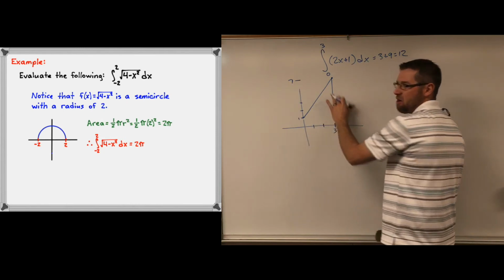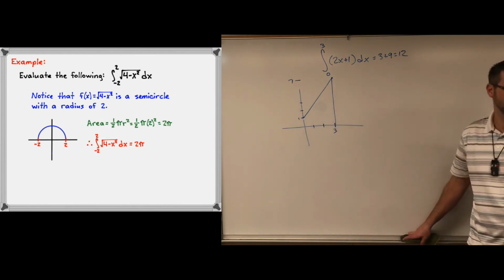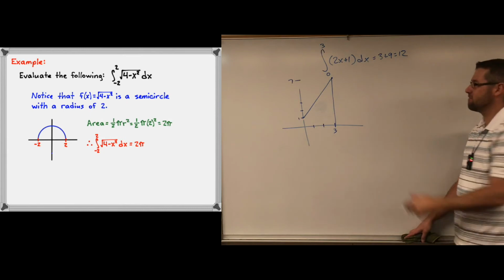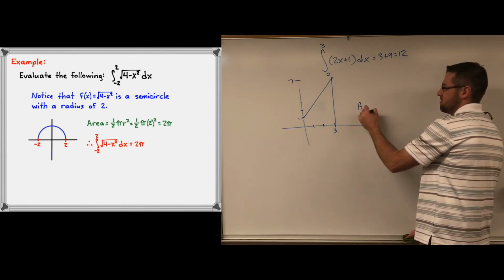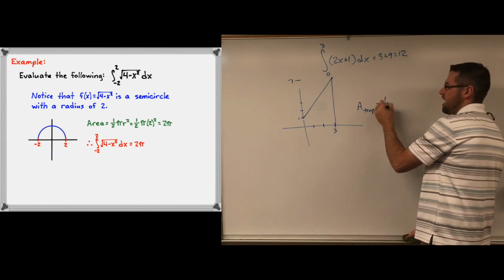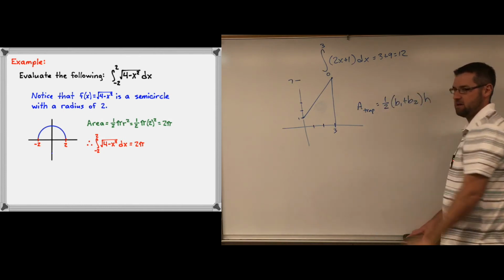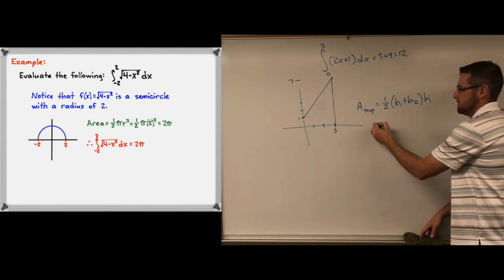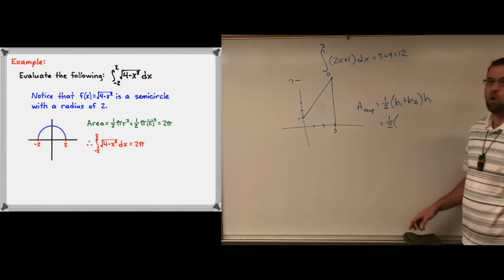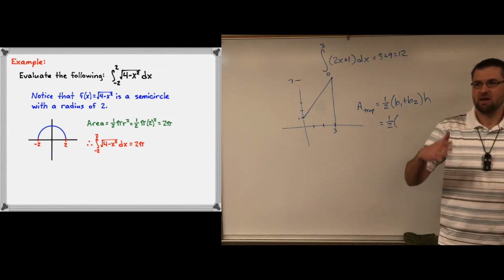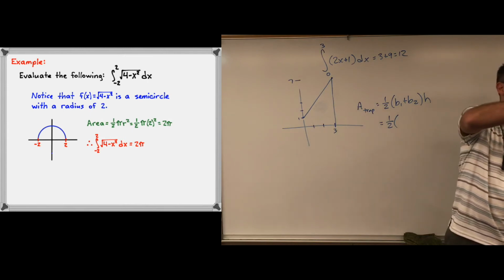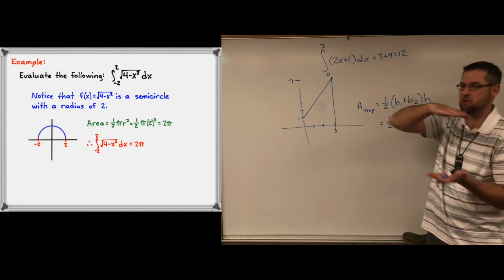Does anybody know without looking at the chart what the area of a trapezoid is? One half B1 plus B2 times height. What does bases mean in a trapezoid? It means the two sides that are parallel. So normally we see a trapezoid like this.